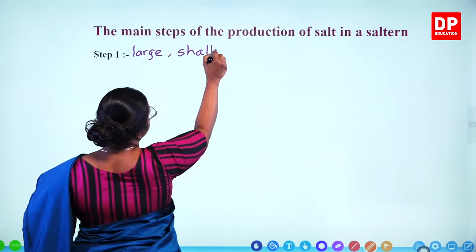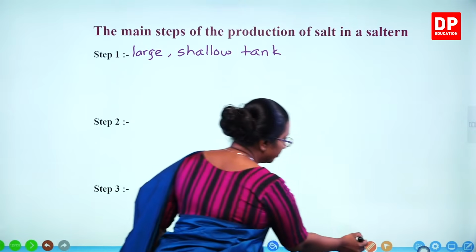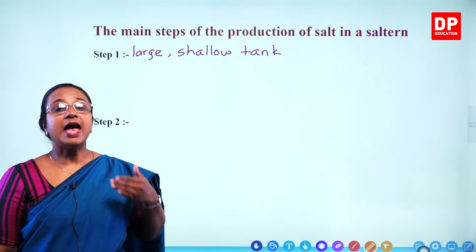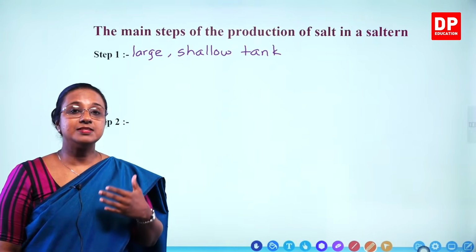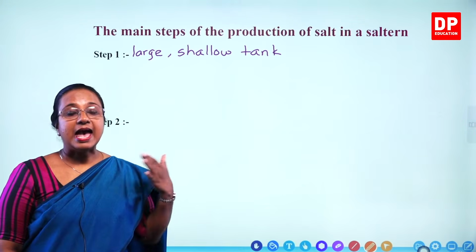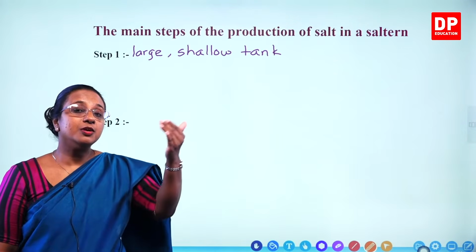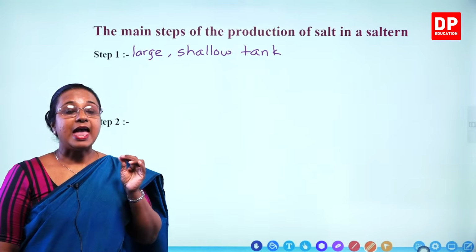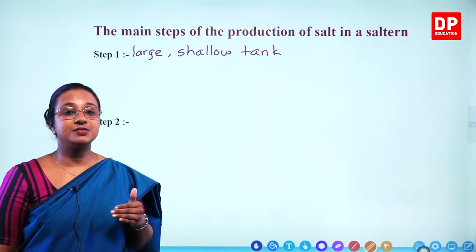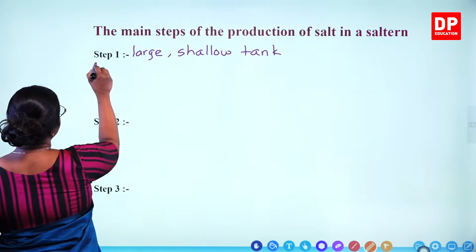Into that, they pump seawater, or they allow the seawater to flow into it when there is high tide. And then the seawater is allowed to evaporate due to sunlight. And when the concentration of seawater becomes double, what precipitates first? Calcium carbonate.